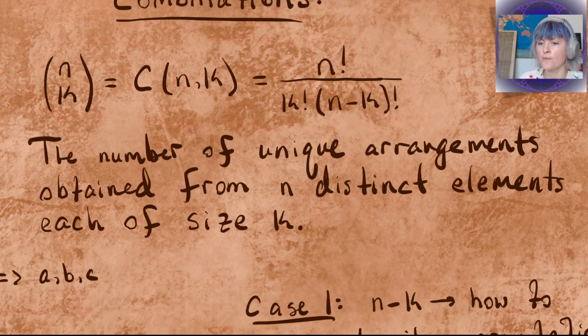So in case 2, we're going to be finding this formula, n choose k, which tells us how many unique arrangements there are, where each arrangement you can select from n distinct elements, but there is a size k of the arrangements, k positions.